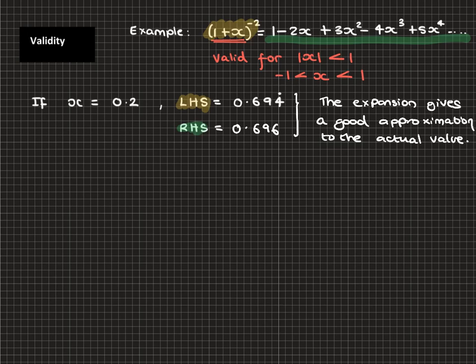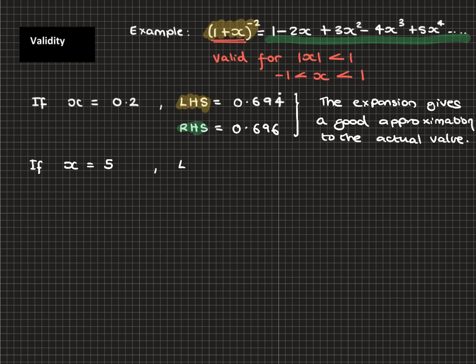So that's what happens when we choose a value of x that lies within the valid range of x values. What would happen if we chose a value of x for which the expansion is not valid? So I'm going to choose x = 5, and I'm going to input this into the left-hand side and the right-hand side of the expansion, and we're going to compare and contrast.